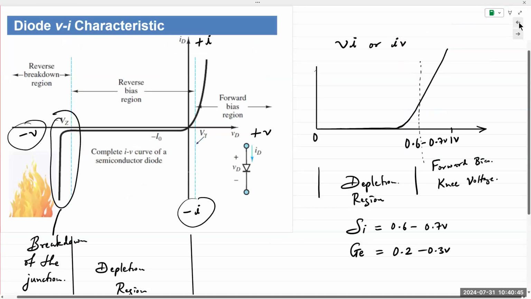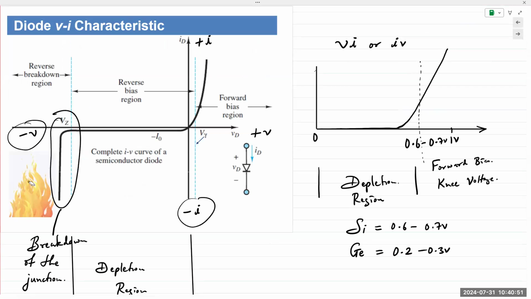And I have to thank my colleague, Professor Chuck Bland, for many of these images. The fire here is basically that there's always a danger that you might inadvertently end up damaging your diodes. So diodes will come with a rating, the peak inverse voltage. Even the cheapest of diodes that we use has a PIV of like 50 or 60 volts.